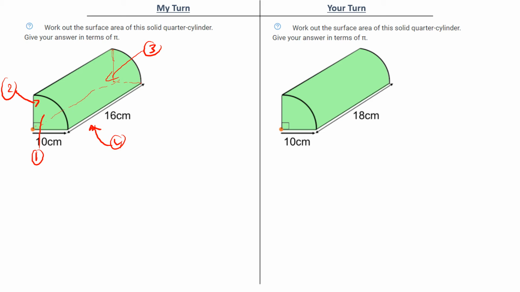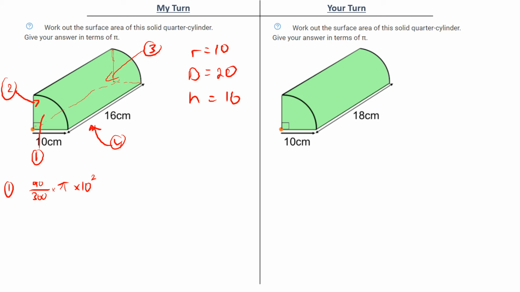Okay, so first thing I'm going to do is find the area of the 2 quarter circles. Remember, it's theta over 360, so it's 90 over 360 times pi times radius squared. We've got a radius of 10, diameter of 20, and a height of 16. So 90 divided by 360 times pi times 10 squared.